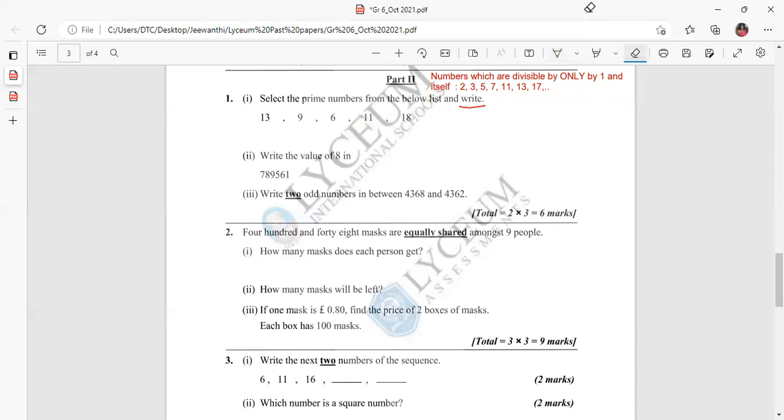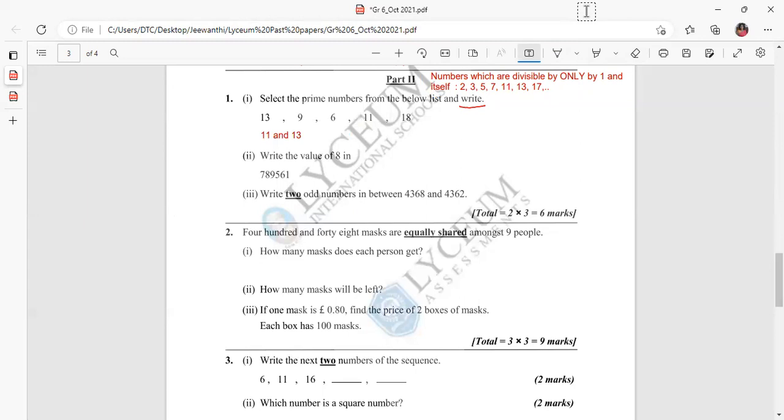Because you have not read the question instruction. Here they have asked us to write. So then how do you write? What are the prime numbers you can see in this list? So 11 and 13. This is how you want to write the answer. You can't circle or you can't underline. You just write the answer. 11 and 13.